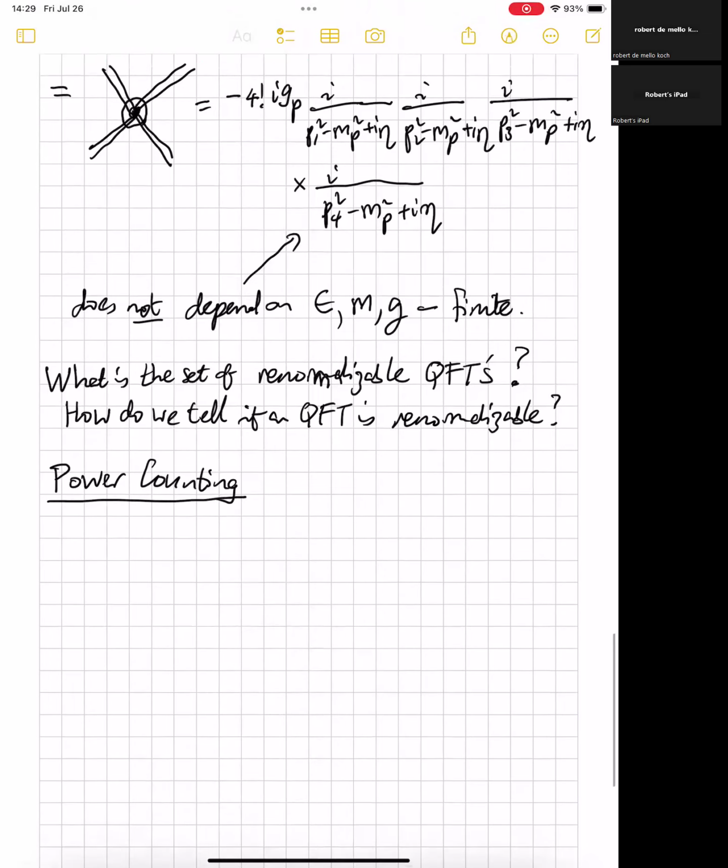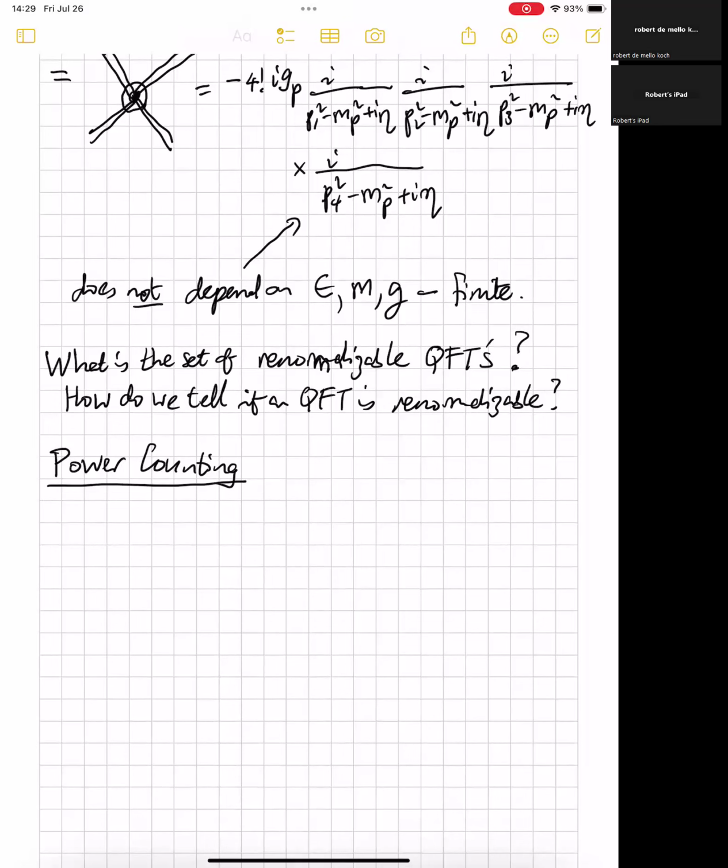Well, in fact, I want to just remind you of something first of all. So we use units in which h bar is equal to c is equal to 1.